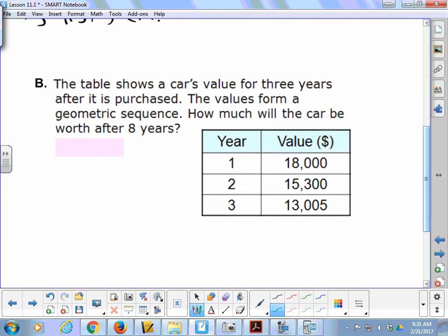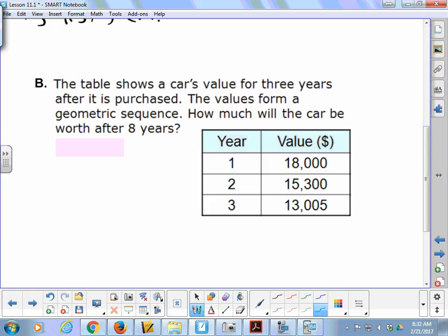The table shows a car's value for 3 years after it's purchased. The values form a geometric sequence. How much will the car be worth after 8 years? All right, so let's use our formula here.